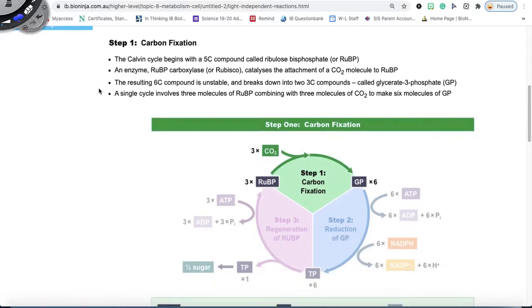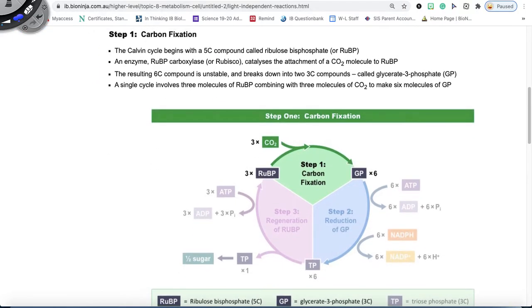All right, so step one is carbon fixation, and let's take a look and see how that happens. The Calvin cycle, which is part of the light-independent reaction, is where it all begins. It begins with a 5-carbon compound called ribulose bisphosphate, or we can simplify it as RuBP.